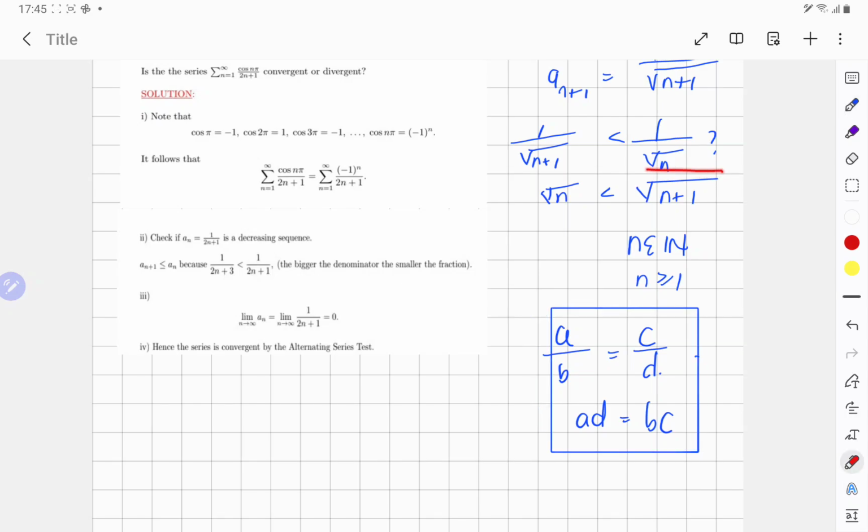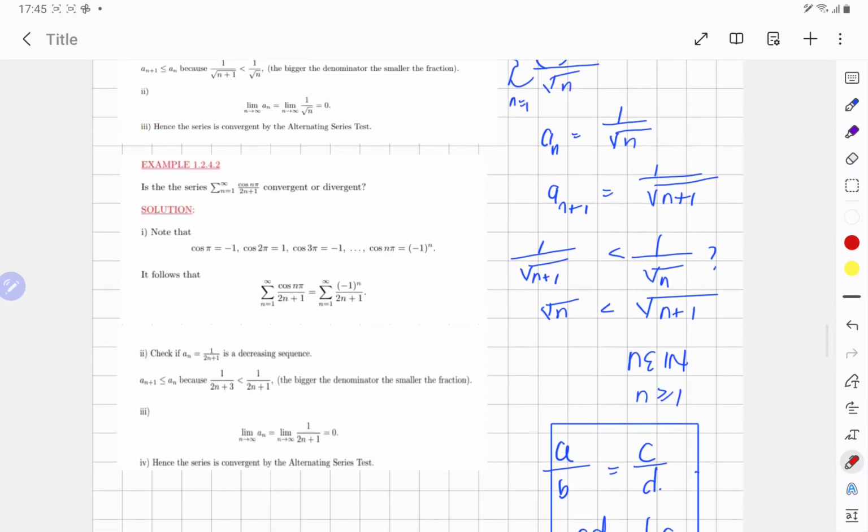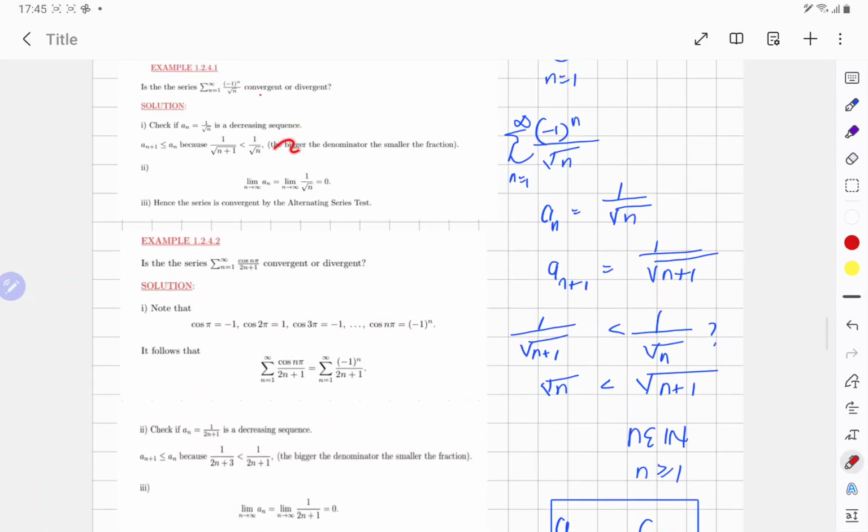Now, let's go back here. Why is this true? You can see for natural numbers that since we have n+1 greater than n, the square root of n+1 is greater than root n, and we know it is true that our sequence is decreasing. What is our second condition? We check this limit.